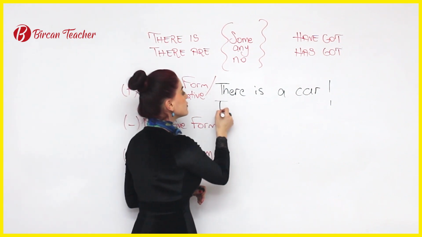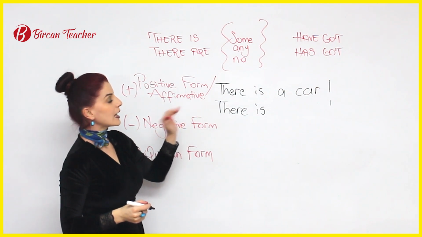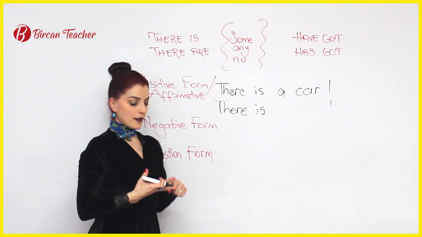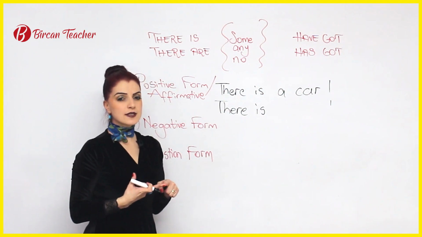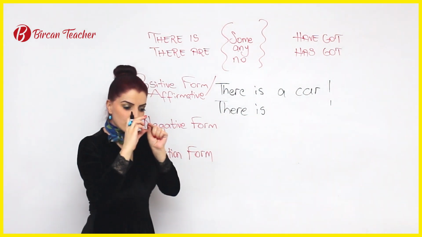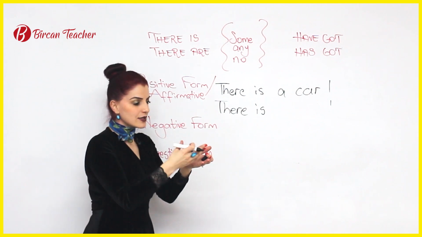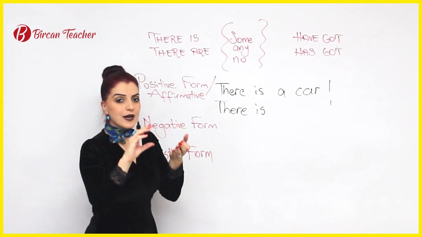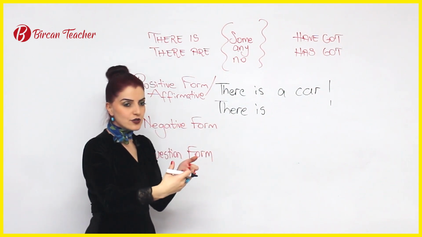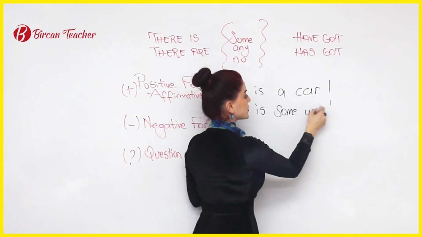Also, we can use there is with uncountable nouns like water, like coffee, like tea, because they are liquids. So you don't say one water, two waters, three waters. We can say liters, we can say bottles, but water itself you cannot count. There is some water.